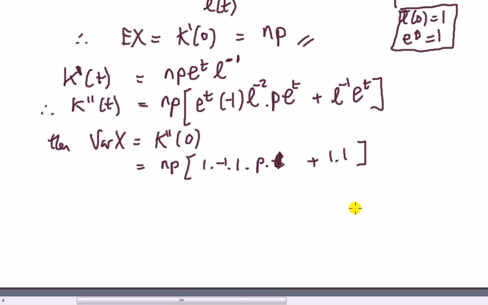And so what we have is minus n p squared plus n p. Now, common factor n p, and then we're going to get 1 minus p. Yes, done.